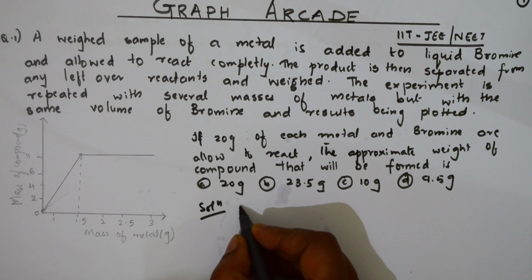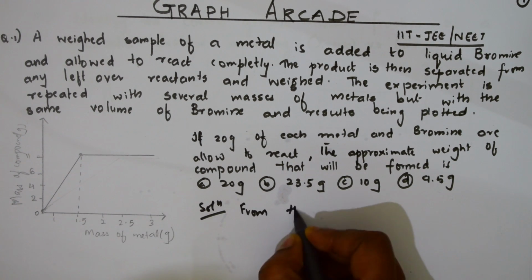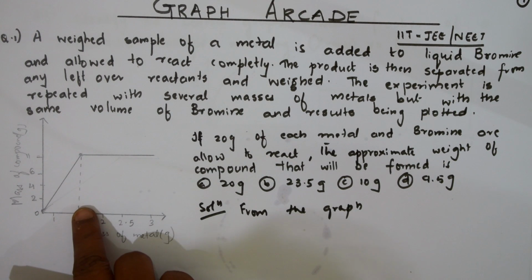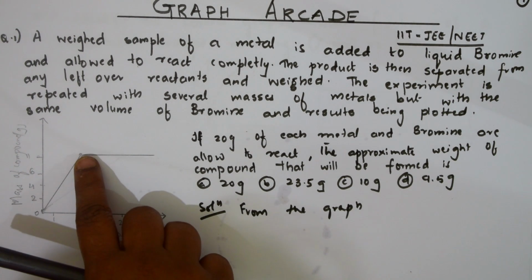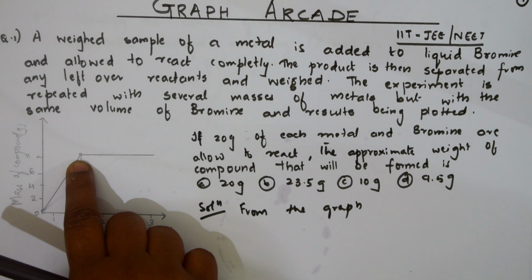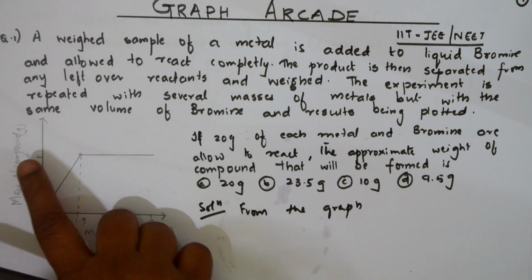So first of all, from the graph, what can be concluded? It is concluded that 1.5 grams of the metal has combined with the bromine to form this compound.